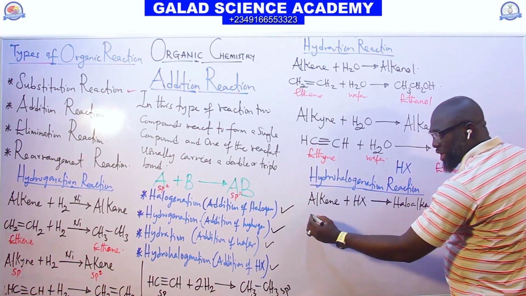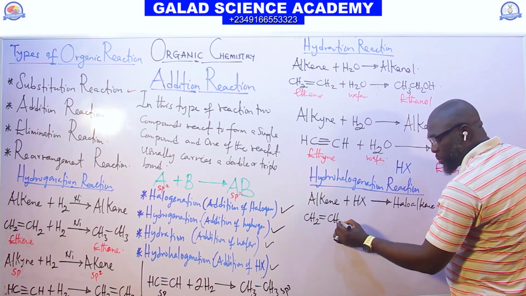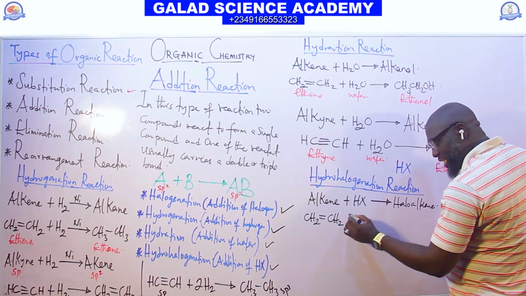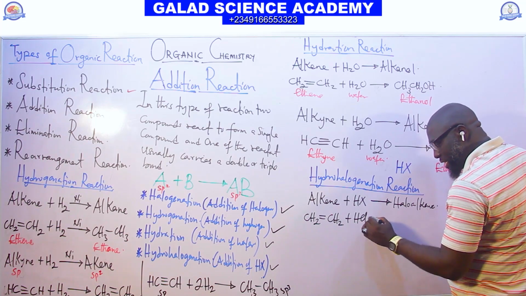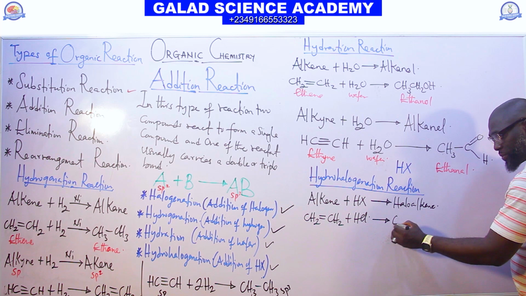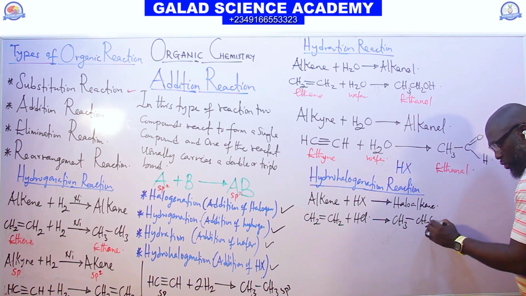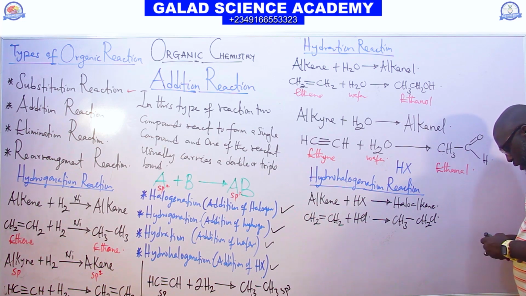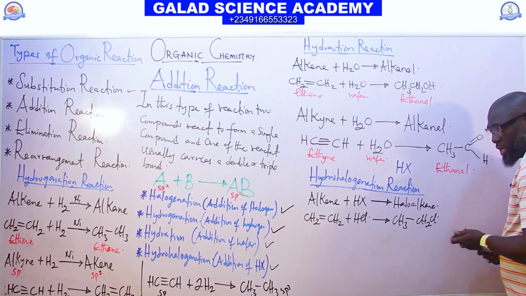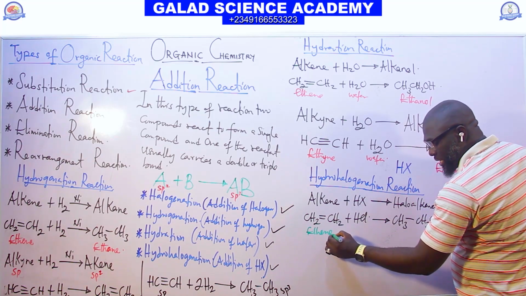That is, if you have a carbon double bond carbon, which is ethene, react with HCl, the product will be CH3CH2Cl.